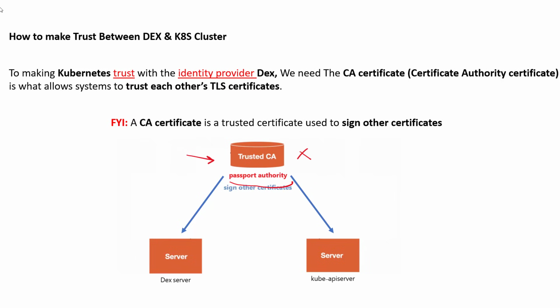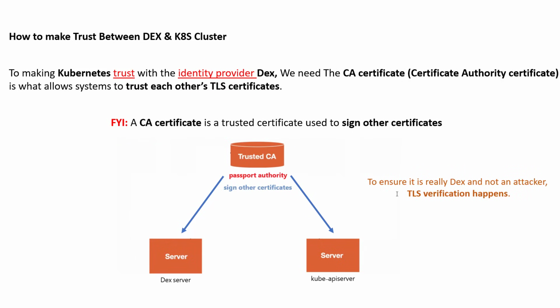So when kube-apiserver receives any communication, any package from the Dex server that is signed by the CA server, it will accept it. Otherwise, it will reject it. So the role of this CA certificate is very, very important.